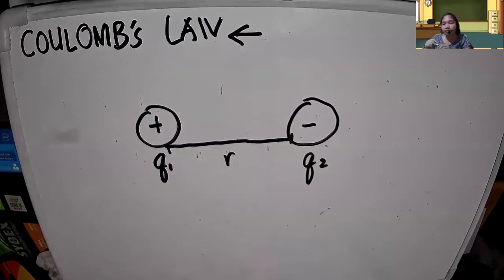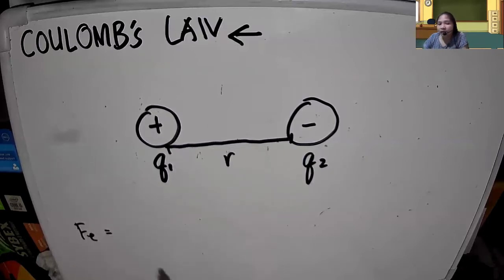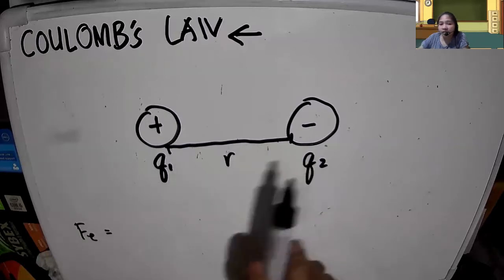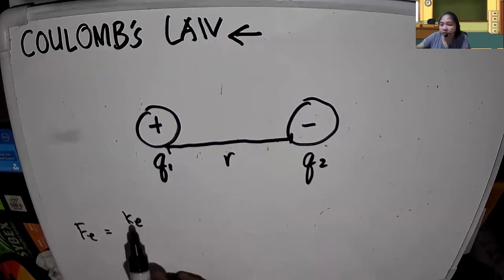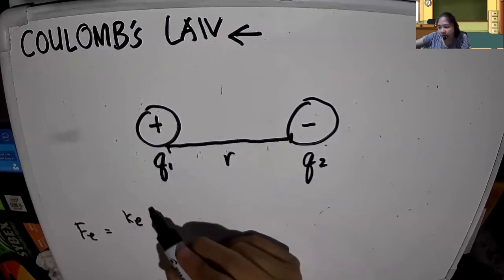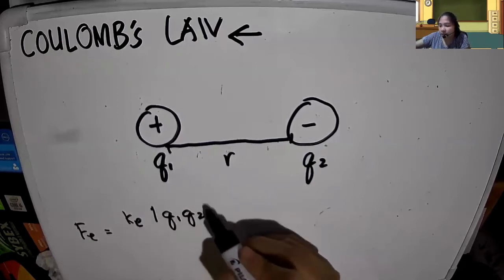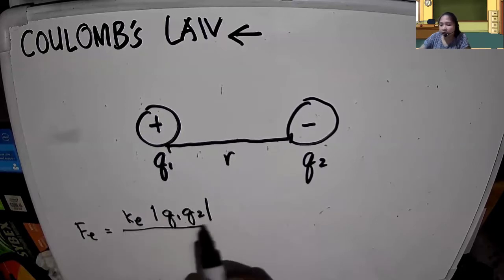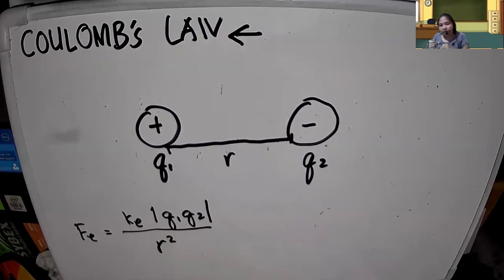According to Coulomb's law, the electrostatic force between these two charged particles is proportional, with this proportionality constant, to the product of the two charges, and inversely proportional to the square of the separation or the distance.